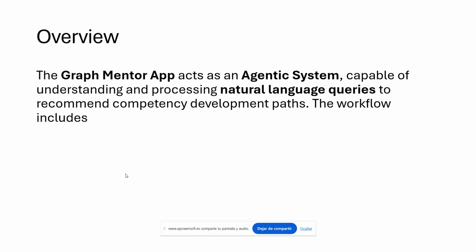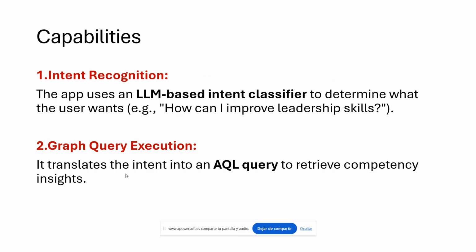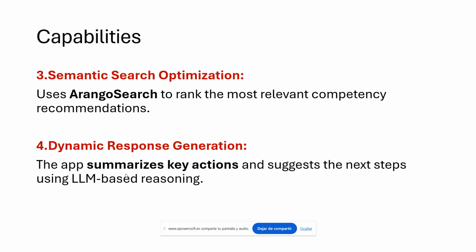How does the agent work? Well, this is an agentic system. It's capable of understanding natural language queries. It has these capabilities: intent recognition, because it can classify what you want to do and determine the best course of action to answer that question. Graph query execution, because I'm using a lot of AQL code to perform more precise answers.